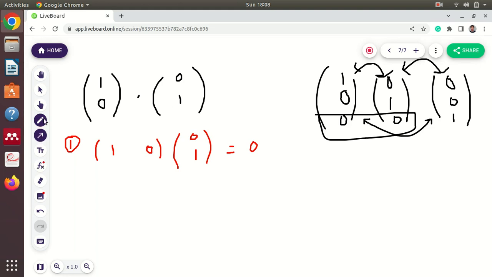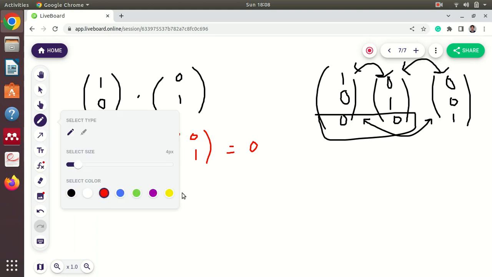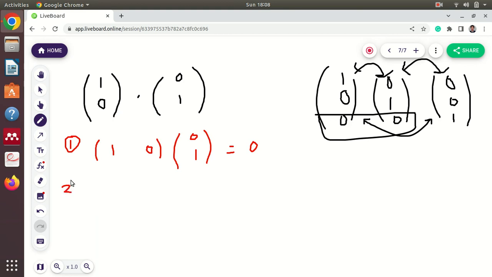Now the second thing we have to do is check the normalization, whether the vectors are normalized or not. Again I will take the first vector and take its norm. I have taken this in the dual space into the vector in its original vector space.